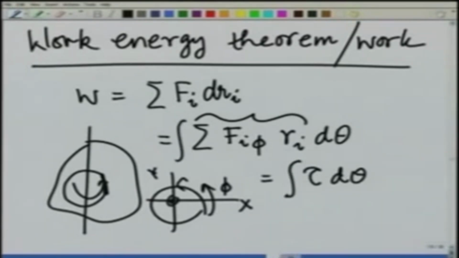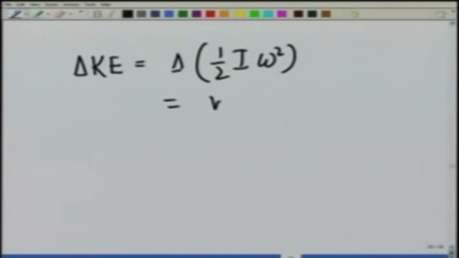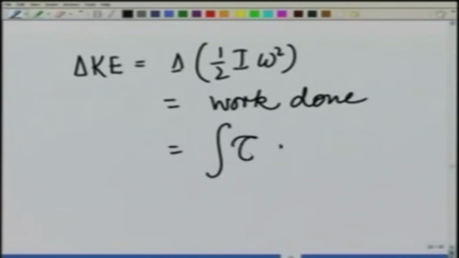Once we have determined this, the work energy theorem is that the change in the kinetic energy, that is delta of 1/2 I omega square, is going to be equal to work done, which is nothing but tau d theta.